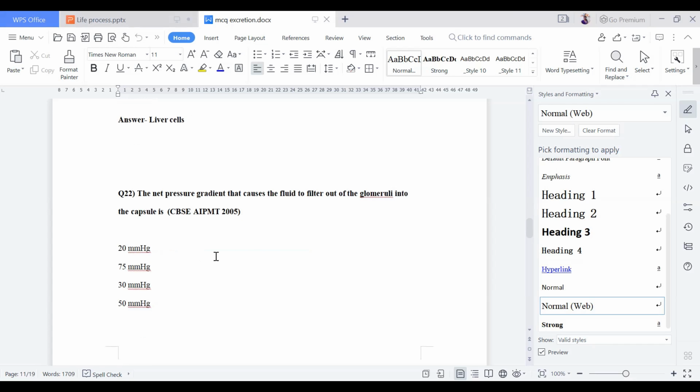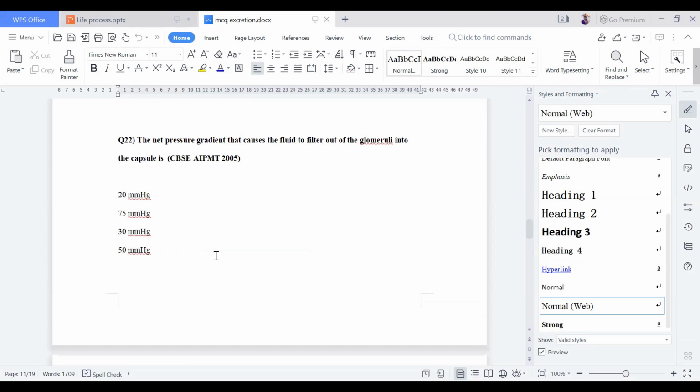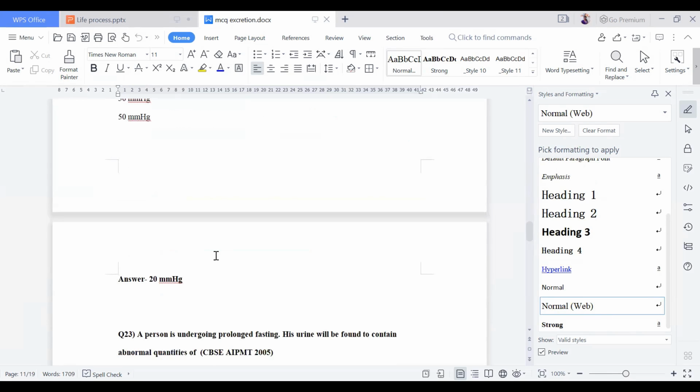Okay. The answer here is 20 mmHg. From the glomerulus into the capsule, there will be 20 mmHg.